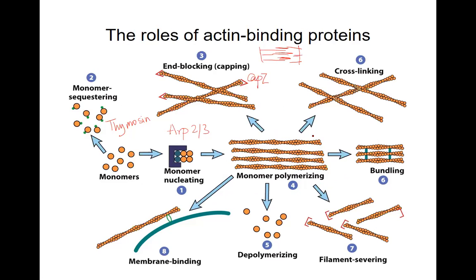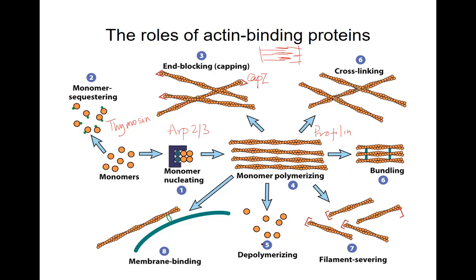So again, there is an example for this protein, which is profilin. So profilin is a protein that will exchange the ADP for ATP on the monomer so that that ATP bound monomer can go and bind to a polymerizing actin filament. So this will enhance actin filament elongation.